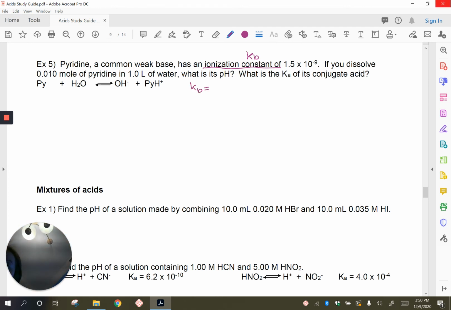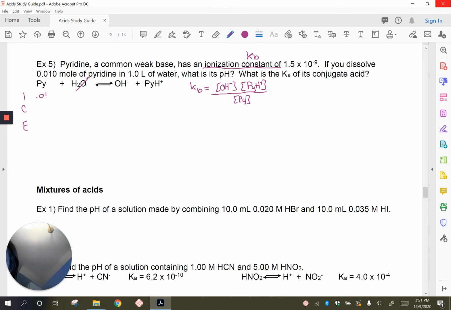If this is an acid, we write Ka. If it's a base, we write Kb. So we're going to write our Kb expression. It's going to be the concentration of the OH- times the concentration of the cation over the concentration of the pyridine. We don't care about water because it's a liquid, right? So let's do an ICE chart. We know that we have 0.01 moles in 1 liter.